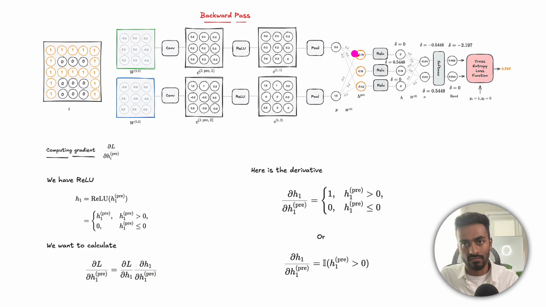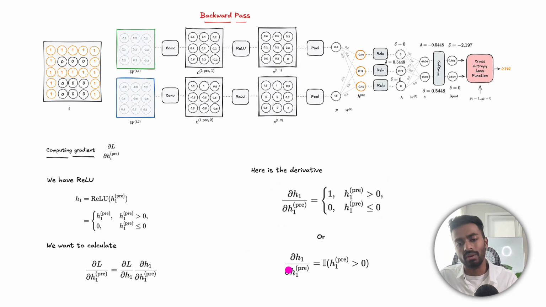How does this neuron affect this neuron right over here? If it's a negative value and you change it by a little bit, it's not going to change the output at all. But if it's a positive value and you change it by a little bit, it's going to have the same exact change on the output. So that's like a 1-to-1 ratio. And that's why we get the derivative that looks mathematically represented like this.